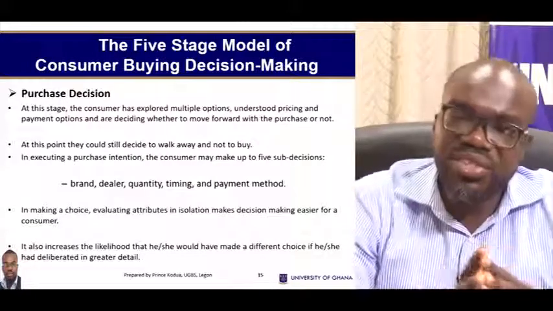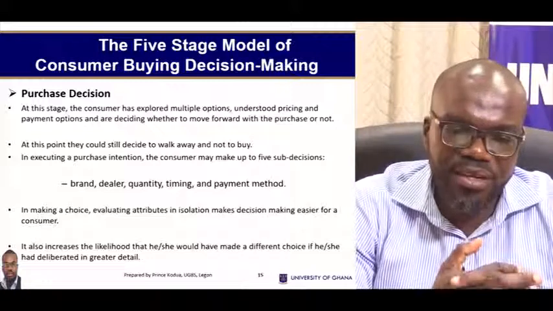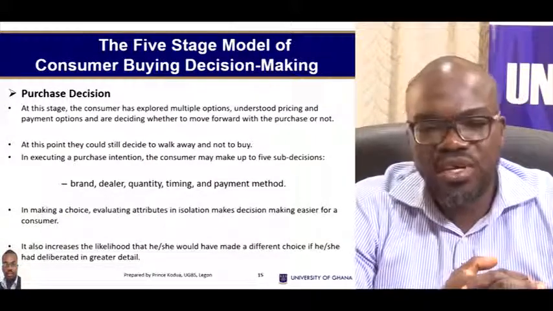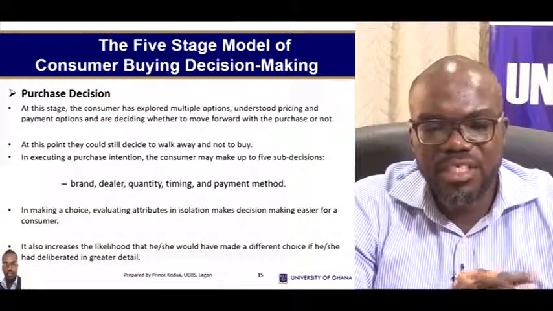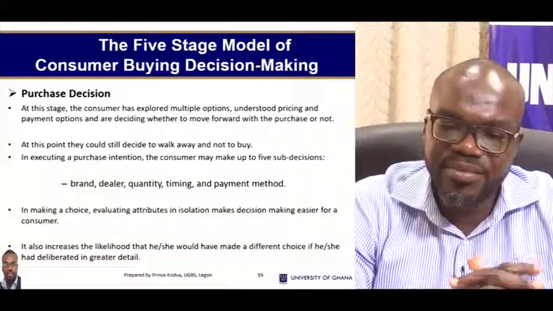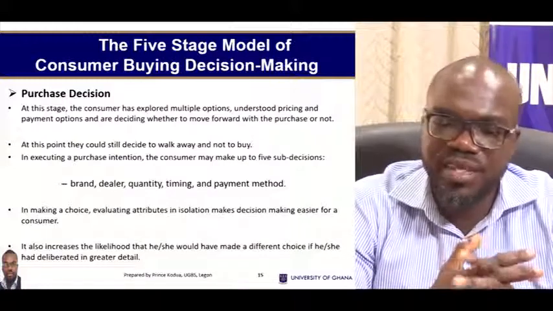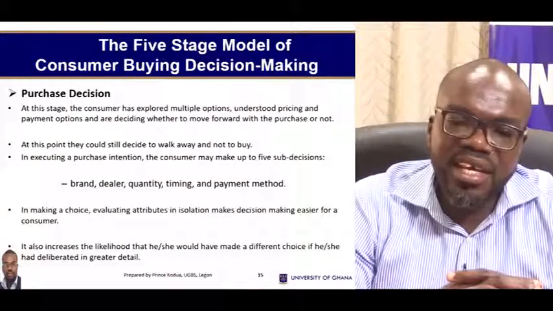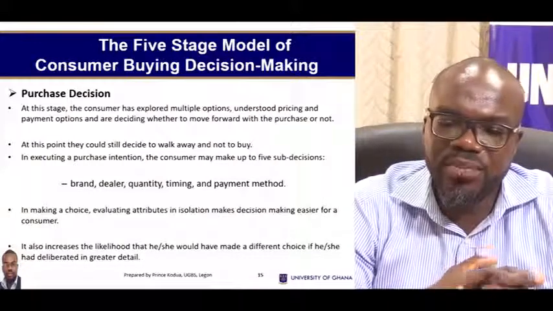Talking about the purchase decision in the decision-making process. At this stage, the consumer has explored multiple options, understood pricing and payment options, and is deciding whether to move forward with the purchase or not.